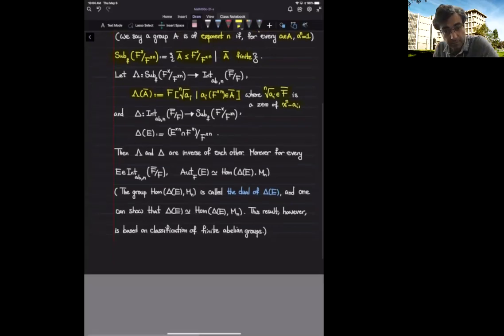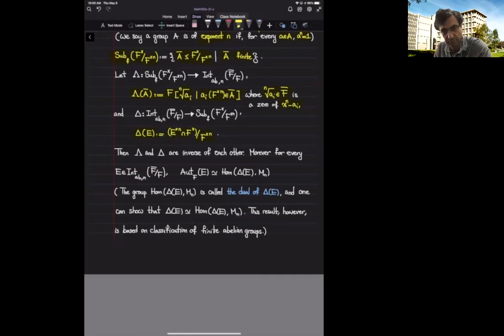That's lambda. Now, what is delta? Delta of an intermediate subfield is the same as before. I look at those elements of the subfield raised to power n that happen to be in the base field. And then I look at the cosets that those elements represent. So it's similar to the previous case.